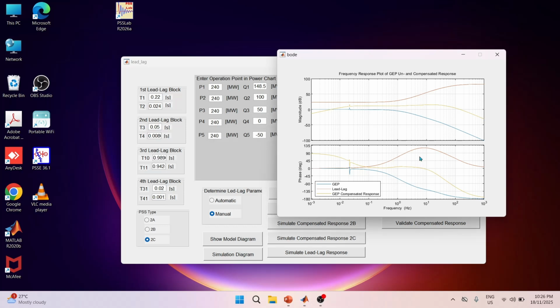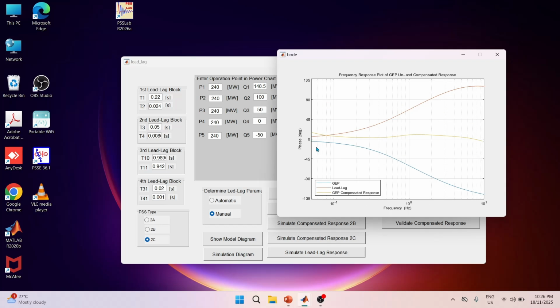Now we can zoom into the phase from 0.05 to 10 Hz and verify that the response is still within plus minus 10 degrees in the range of the frequencies of interest. That should be okay.